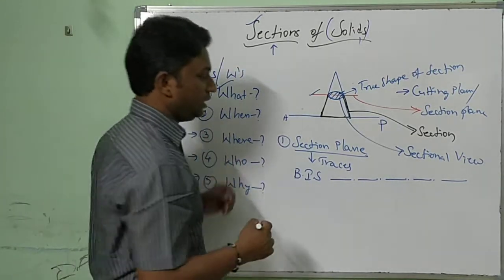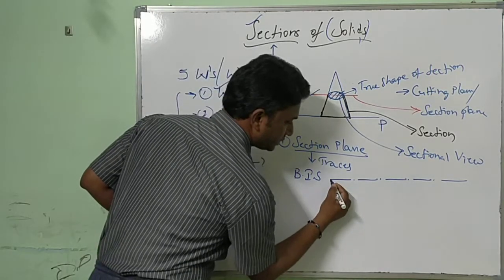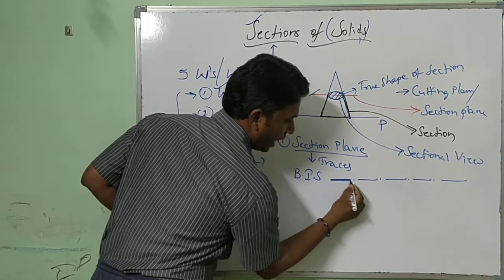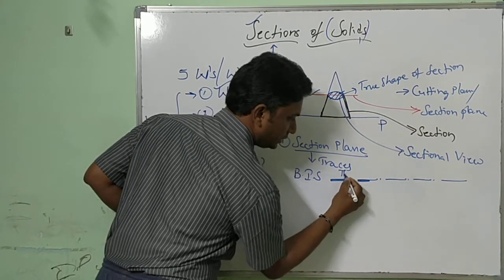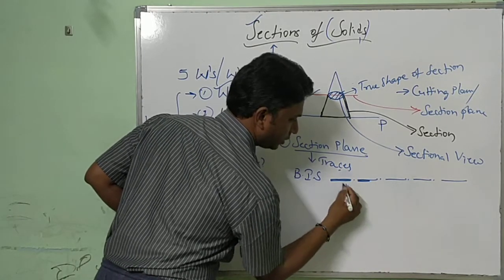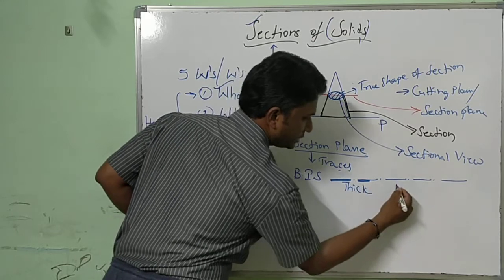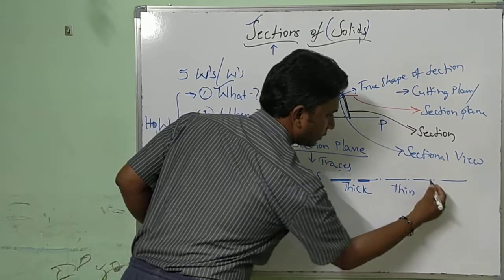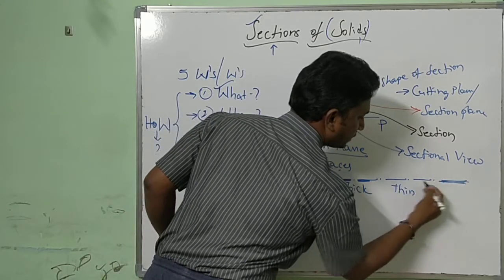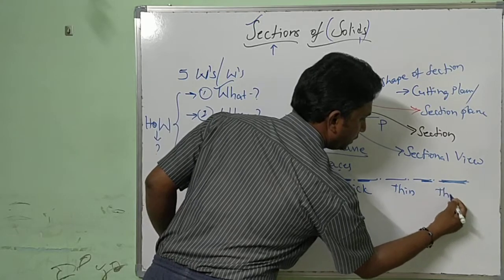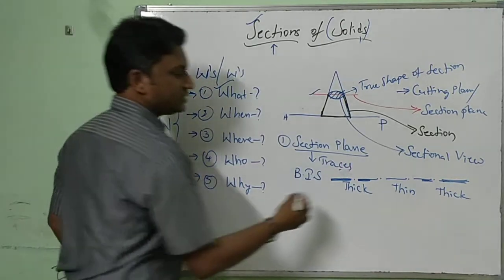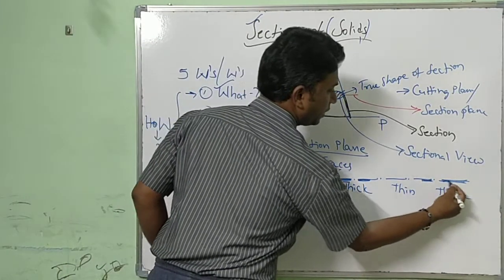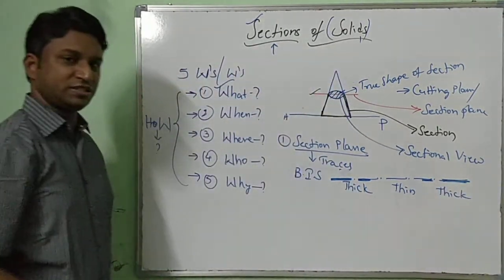The thing to observe here is: the last part is thick, the center part thin, and again the last part thick. This is the style of representing your section plane in terms of its trace.